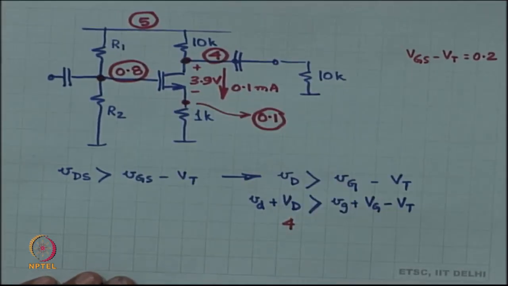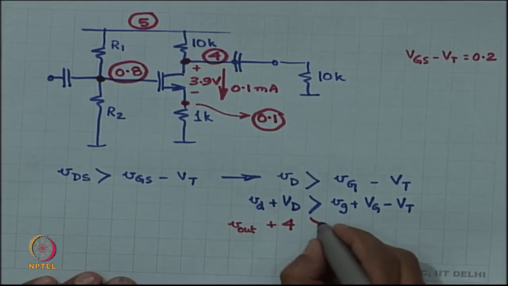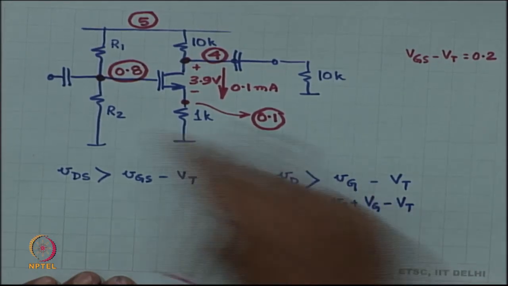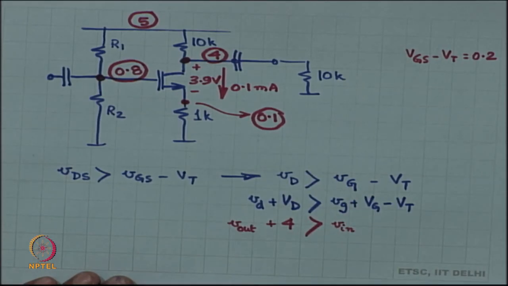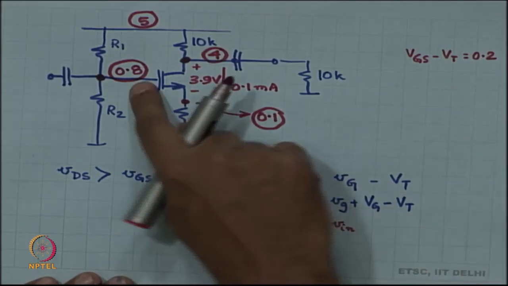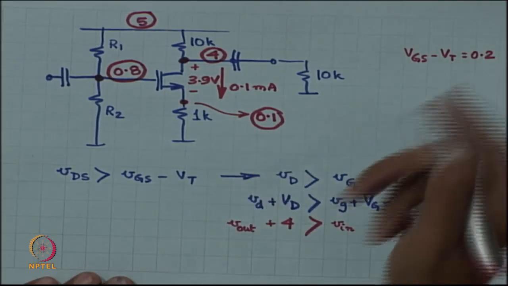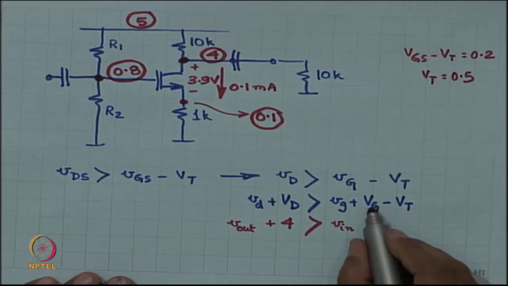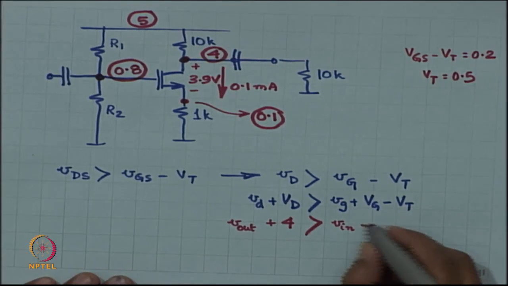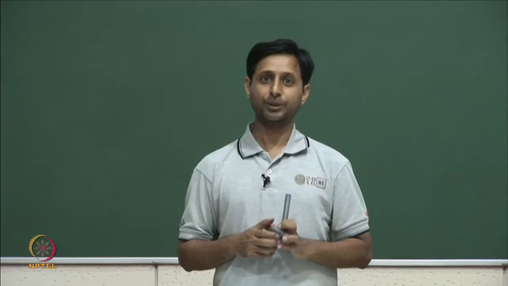Small vd is nothing but Vout. This has to be more than small vg, which is nothing but Vin. Okay. Capital VG is 0.8 and VT is 0.5. So, capital VG minus VT is 0.3. Not 0.2, it is 0.3.